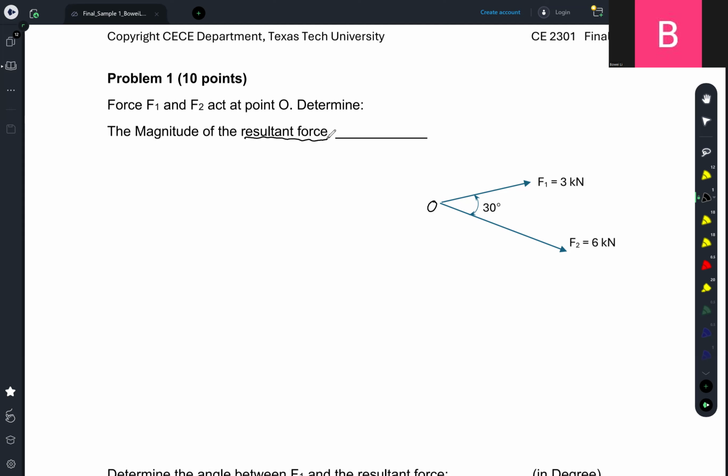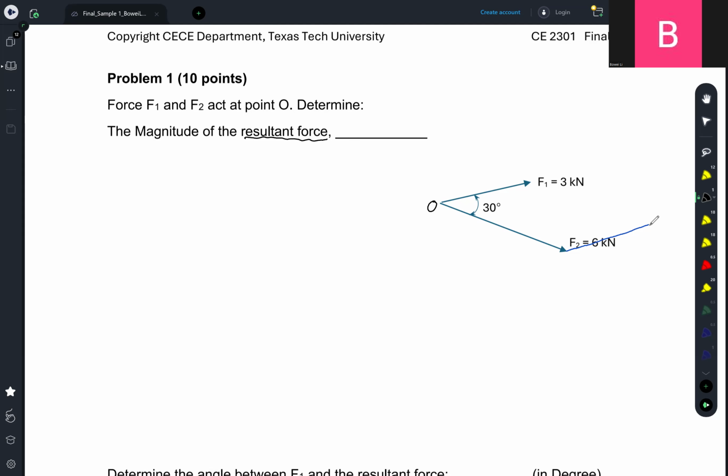The steps here are that we are going to form a parallelogram, right? The forces F1 and F2 will be respectively two sides of the parallelogram. And we're going to have the parallelogram look like this, and here is the line that is parallel to F1.